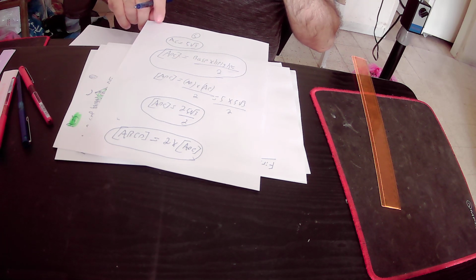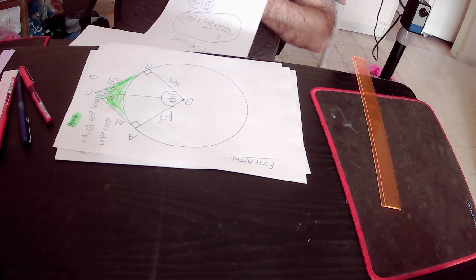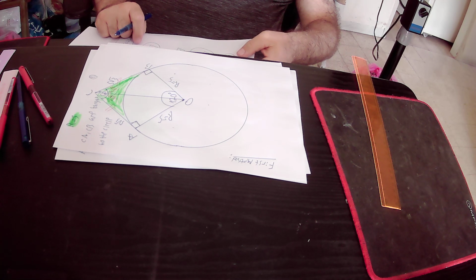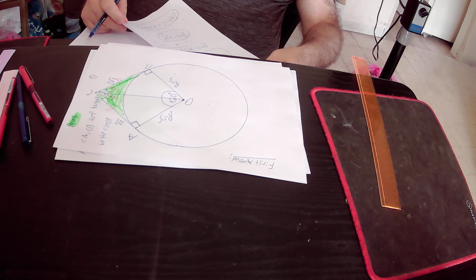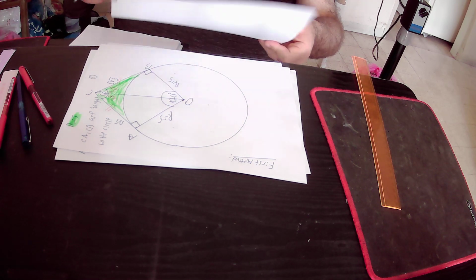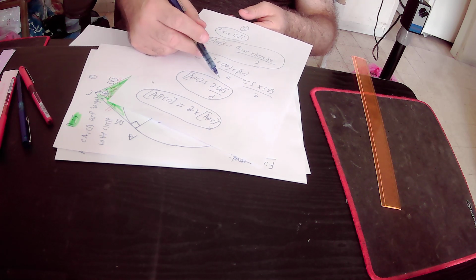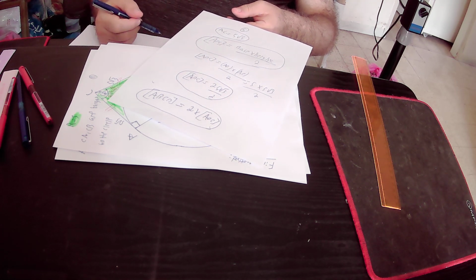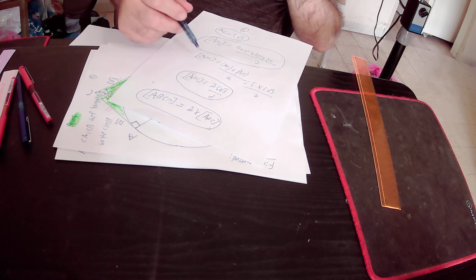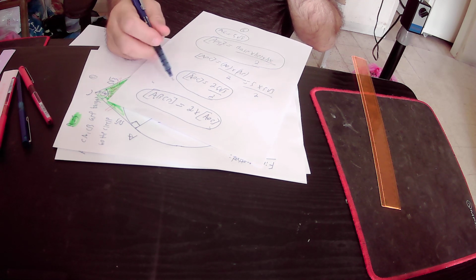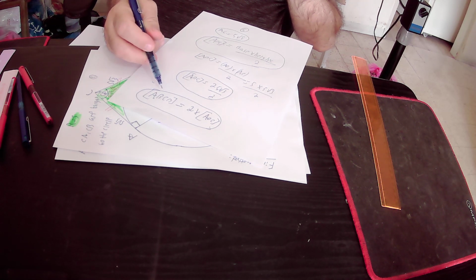But first of all, we will find out the area of triangle AOC. We actually found out that the area of triangle AOC equals 25 times root 3 over 2. Okay? So we will multiply the area of triangle AOC by 2 in order to get the area of quadrilateral ABCO.